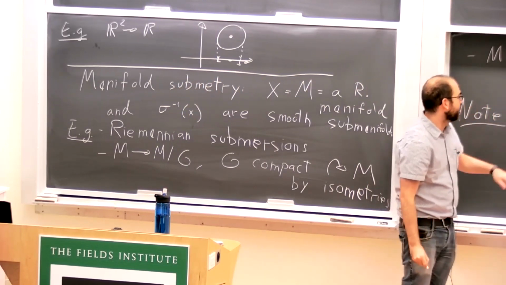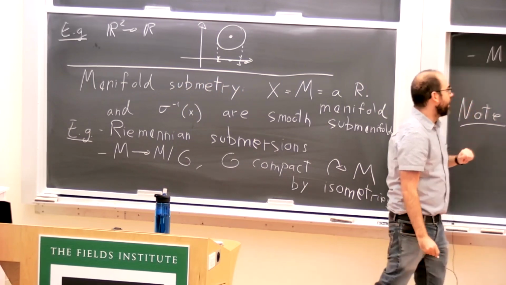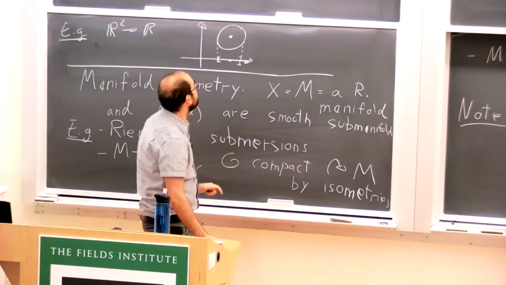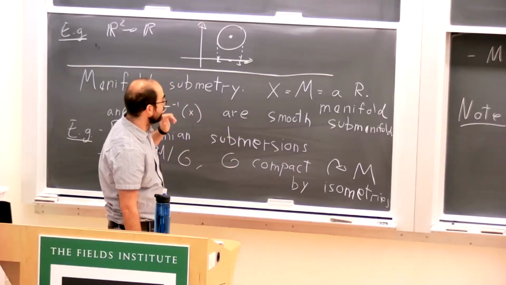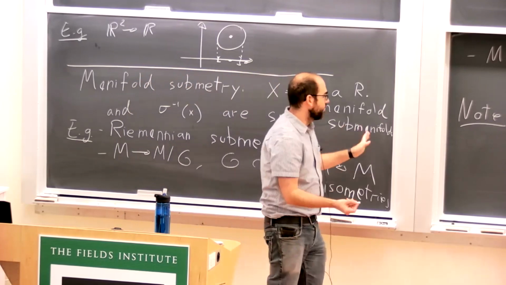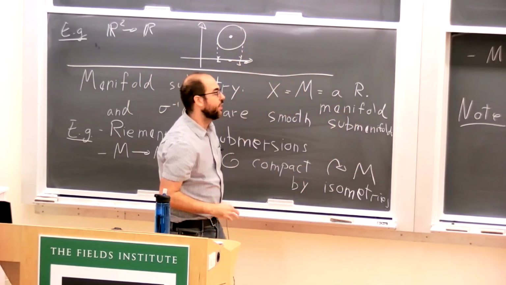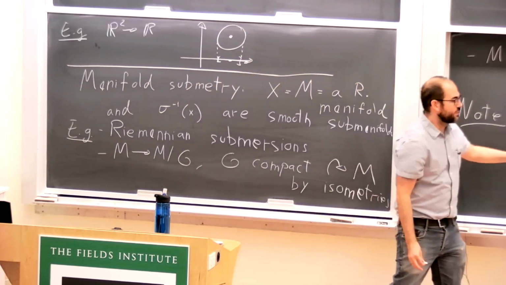Yes, but in fact, it cannot be worse than that. This is a result of Alexander Lytchak in his thesis: if you have a submetry in that sense from a manifold, then this is more or less the worst that can happen.